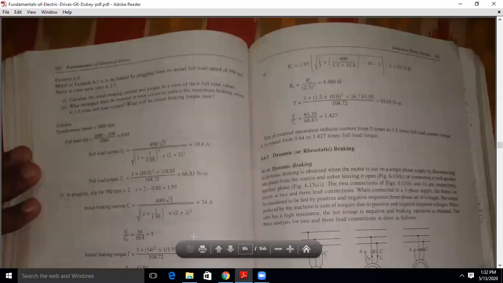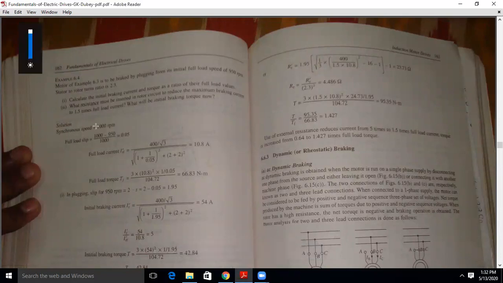Now we'll move towards the next example. Example number 6.4. In this case, again take the motor of example 6.3, which we have previously discussed. That motor is to be braked by plugging from its initial full load speed of 950 rpm.